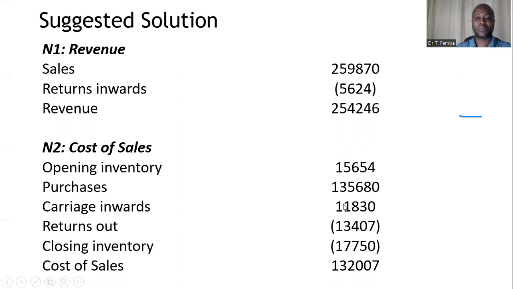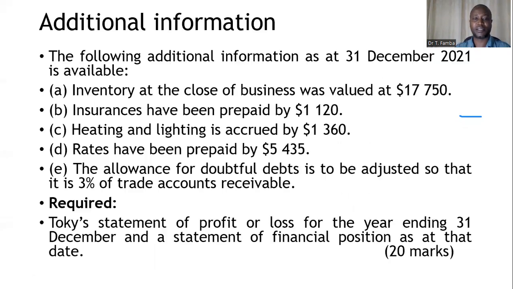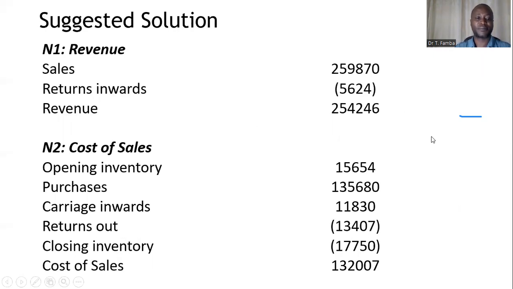So after purchasing and bringing the goods into our warehouse, we then realized that there were some goods that were not okay, so we returned them out. Then after that, we have closing inventory. You should be able to pick the closing inventory figure from the additional notes, which is this figure here, 17,750. And then after that, you get the cost of sales.